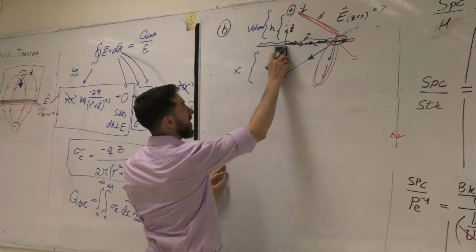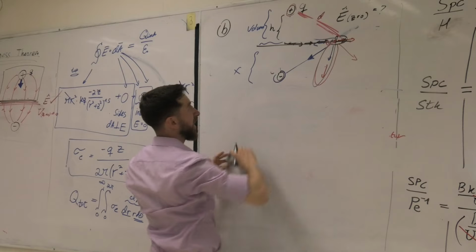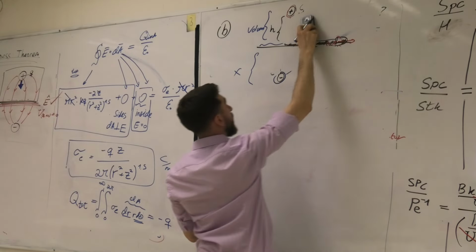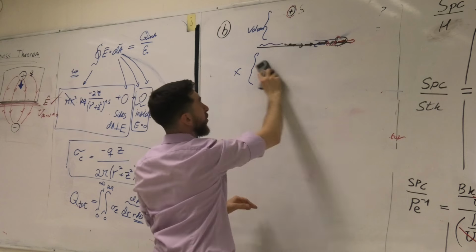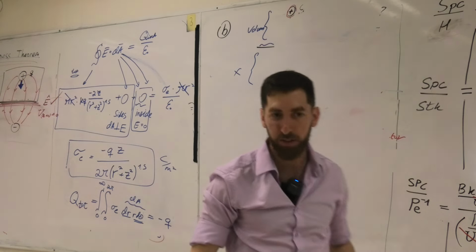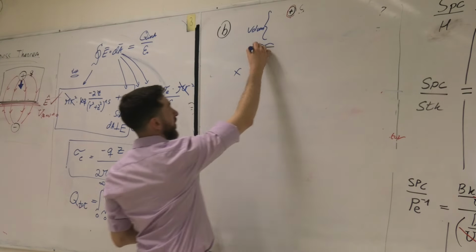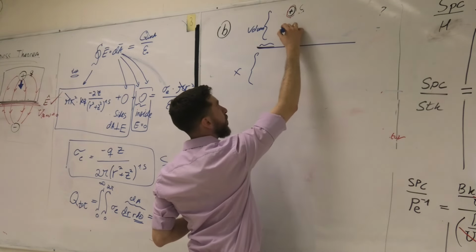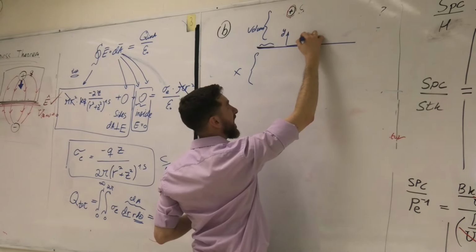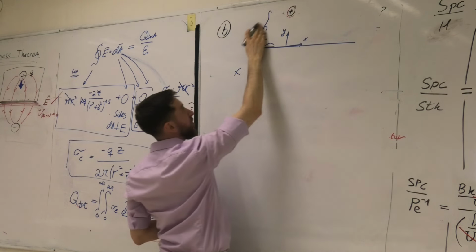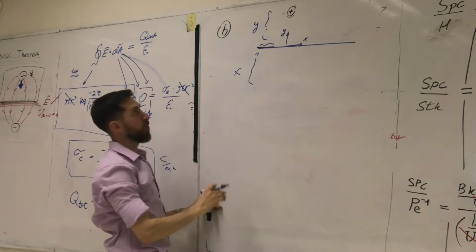Let's make it similar to your homework, your simulation. So we have some charge. Let's do a clean one so it's organized for you. We have a y-axis and an x-axis, and we have a particle at a general height y.